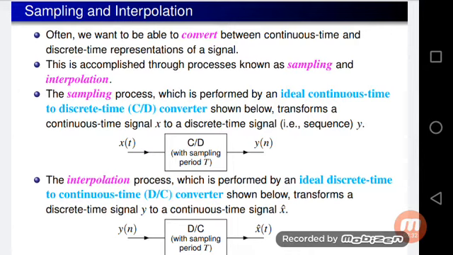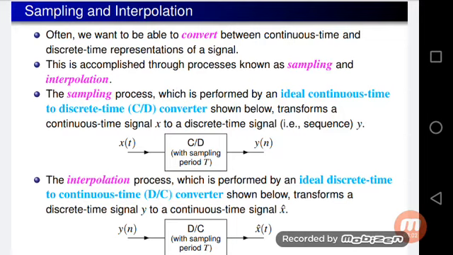Why are we using sampling and sampler? By using a sampler, we can easily convert the information from the form of CT to DT. A continuous sine signal converted into the form of a discrete time signal is known as a sampler or sampling.